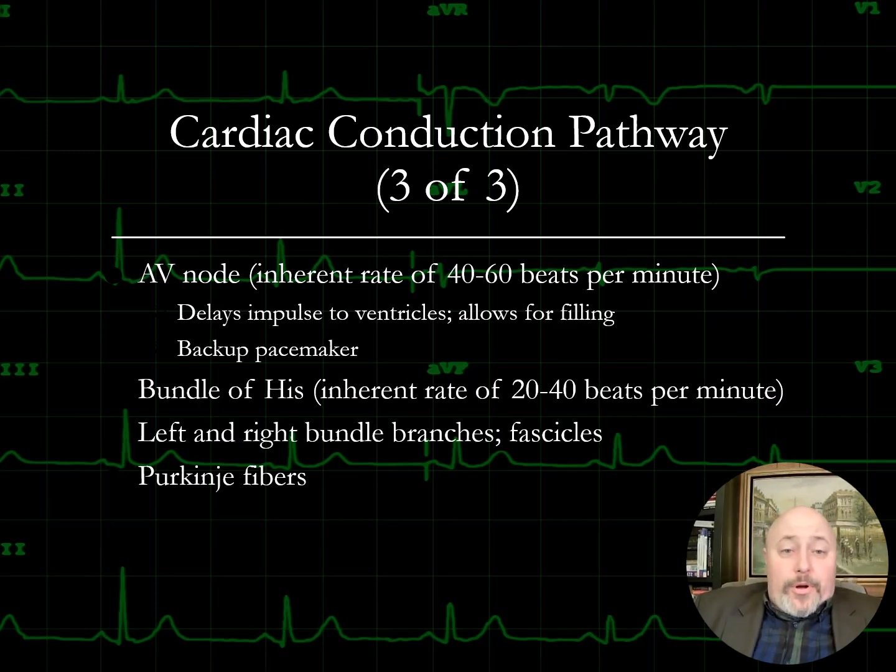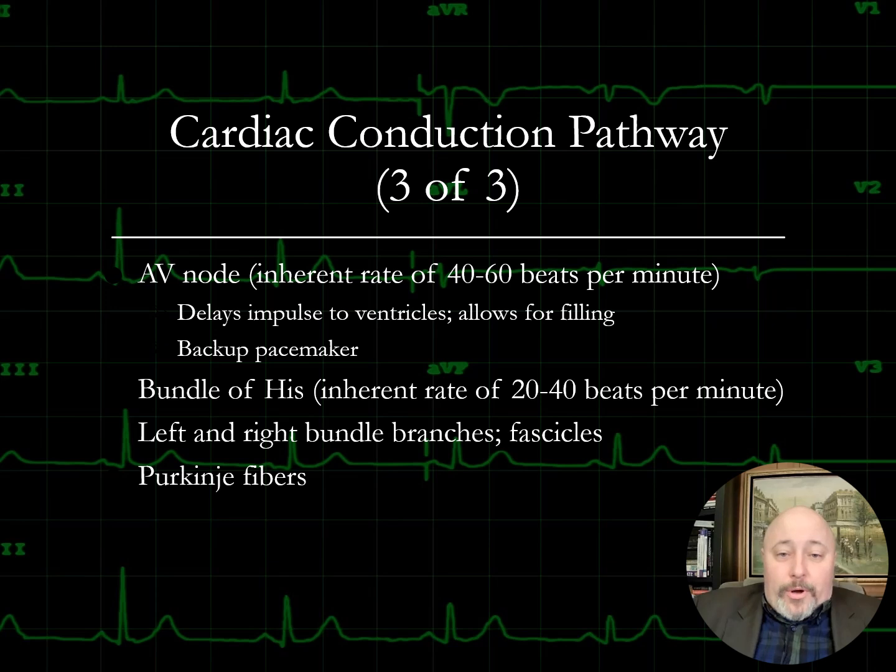From here, the impulse quickly reaches the atrioventricular node, or AV node, located in the area called the AV junction. And this is just in between the atria and the ventricles, and provides that slow pause to allow the heart to reset and get ready for ventricular contraction. The AV node also has a pacemaker of its own and can discharge an impulse if the SA node should fail.